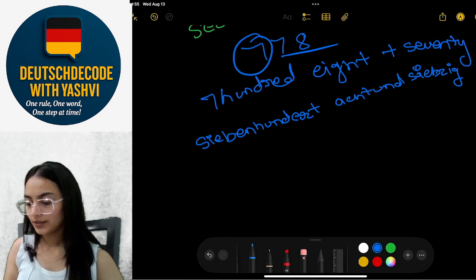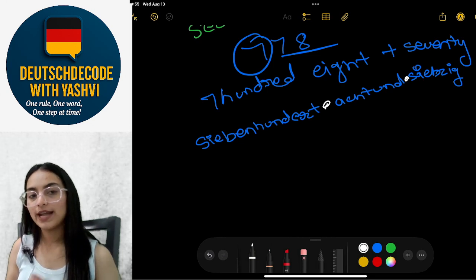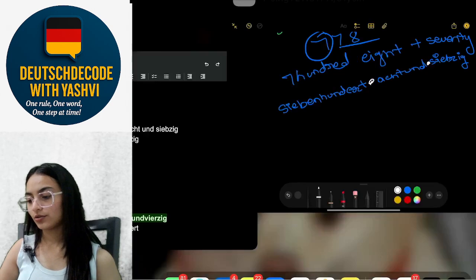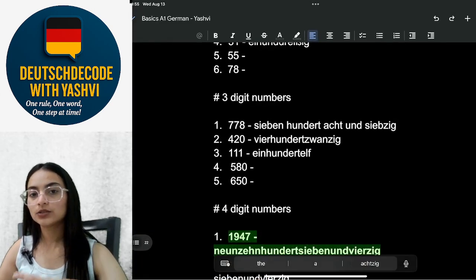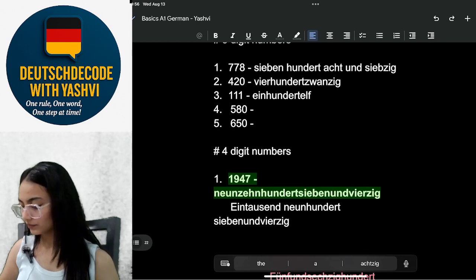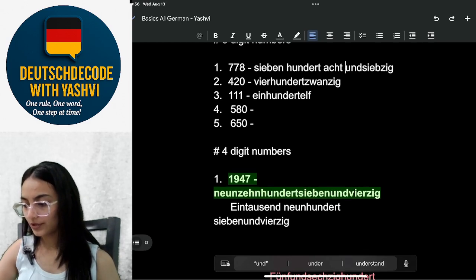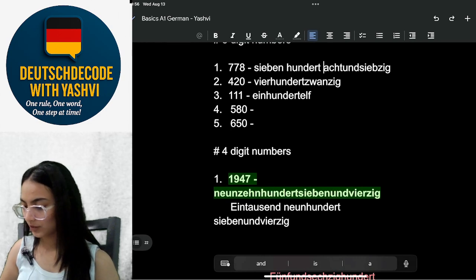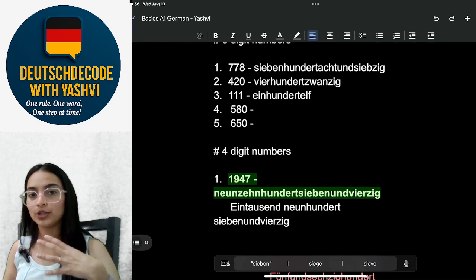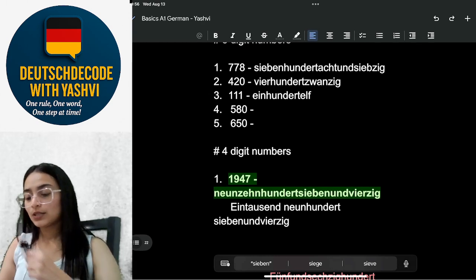But the gaps here are to be filled. So there shouldn't be any gaps. It's a one word. So I'm just writing like this to make you guys understand. So you don't have to just leave the gap, because when you read it like this, it's too hard for you guys to just spell.